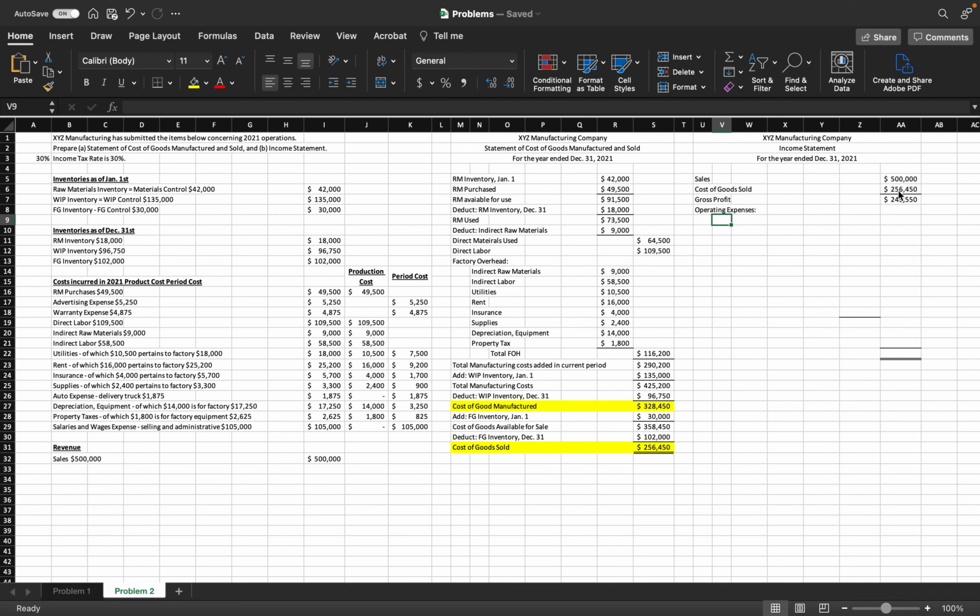All right, so just looking over here at the list, as we run down through it, we'll see we had advertising, warranty. We're basically looking for all the numbers in the period cost.